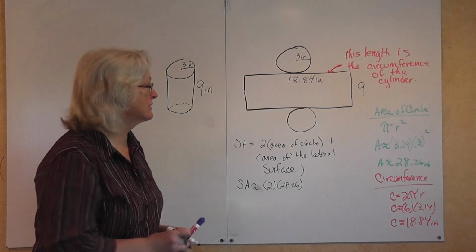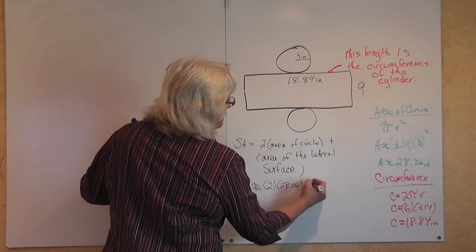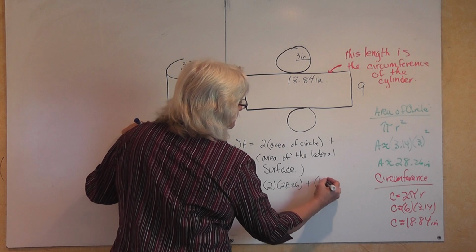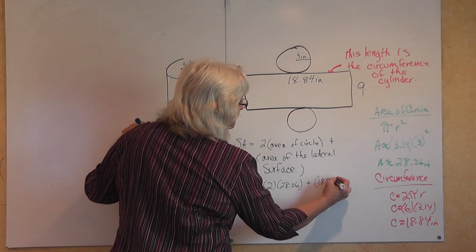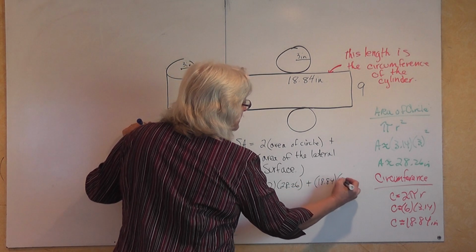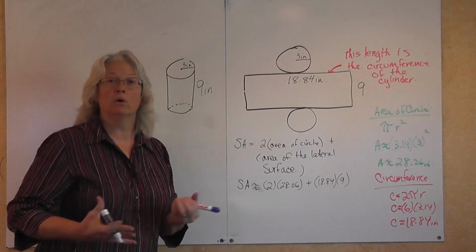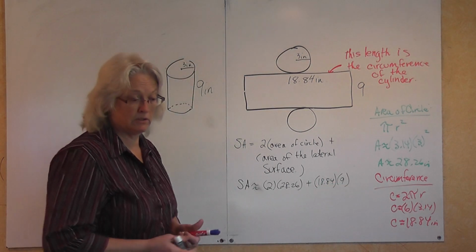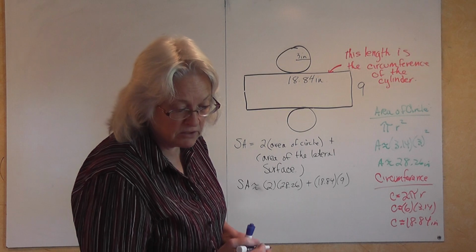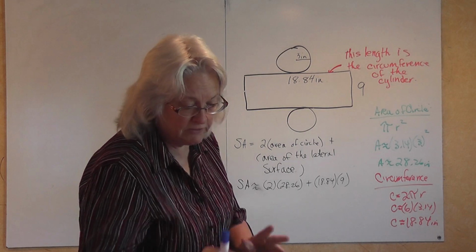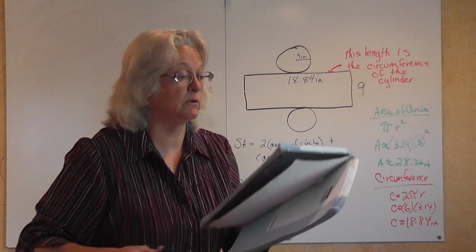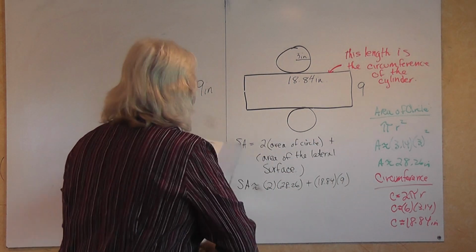What's the area of this rectangle? It's length times width. Plus 18.84 times 9. Go ahead and use your calculator to come up with these values. And I'm not even going to bother doing them at this point.